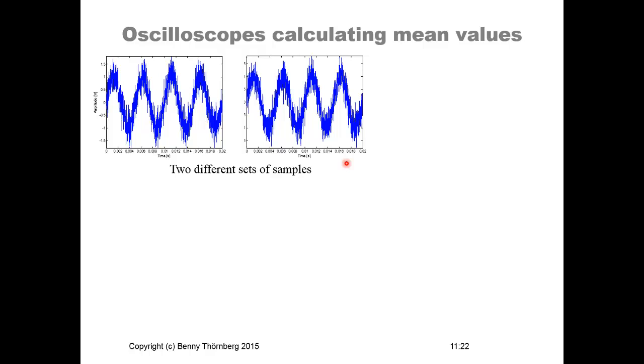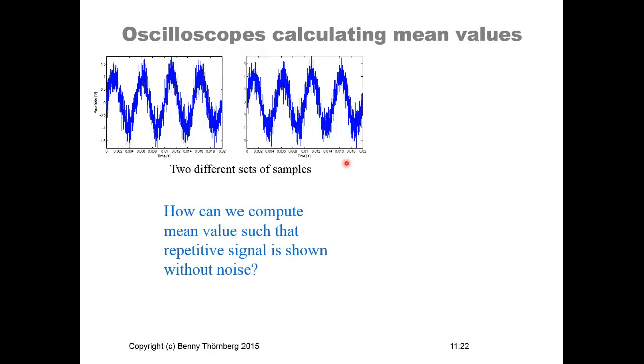And the question is how we can compute the mean value and make use of the mean value computation to show this sinus waveform with a reduced amount of noise, or even close to without any noise at all. How is it possible?